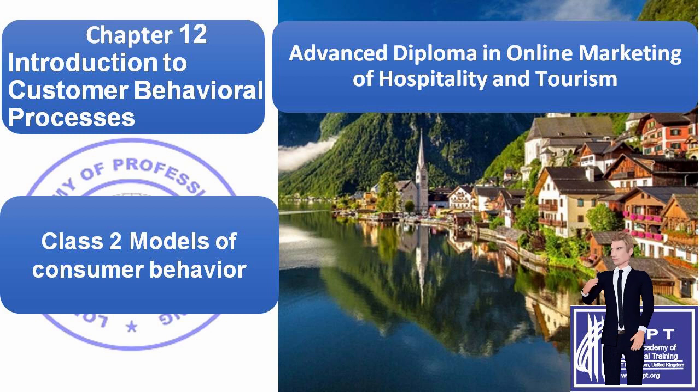Engel-Collett-Blackwell model. This model was created to describe the increasing, fast-growing body of knowledge concerning consumer behavior. This model, like other models, has gone through many revisions to improve its descriptive ability of the basic relationships between components and subcomponents. This model also consists of four stages. First stage, decision process stages.